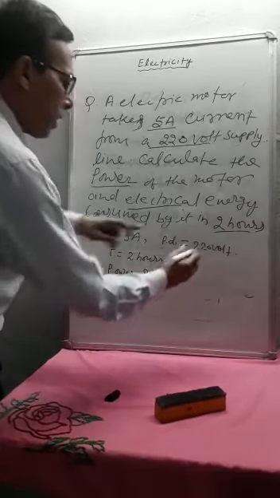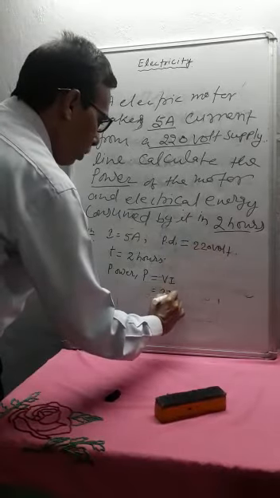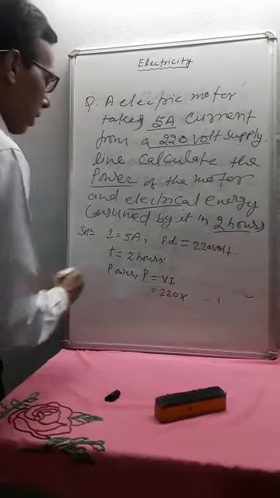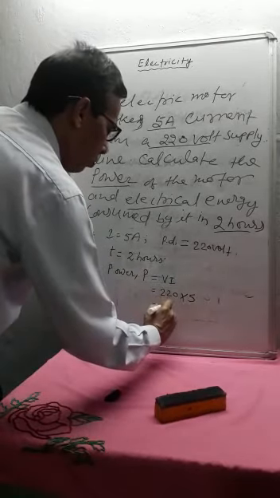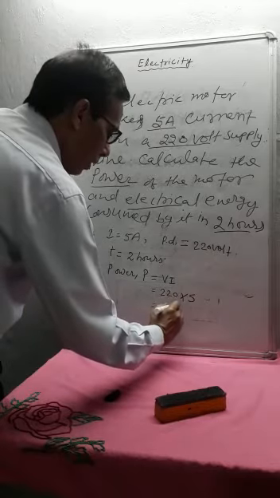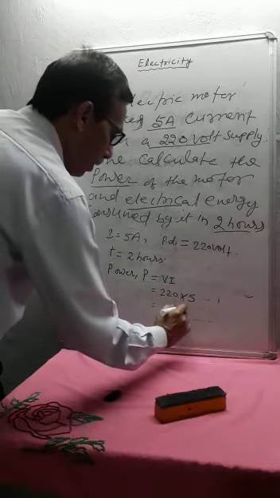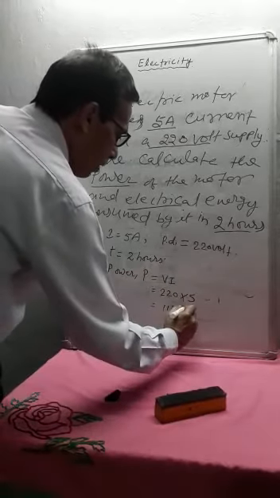Here potential difference is given 220, so 220 into current 5 ampere. So this is equal to 1100. And what is the SI unit of power? Watt.